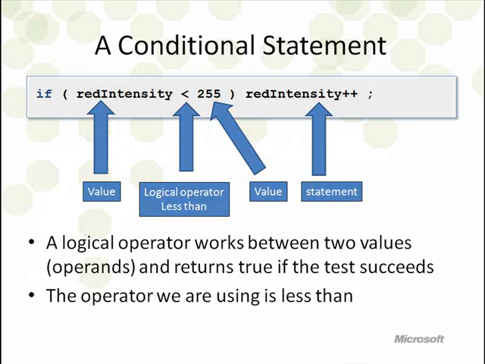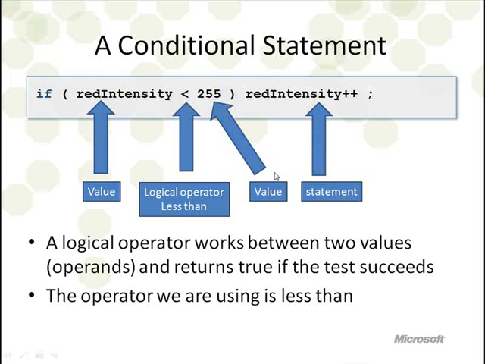If you break it down, what we've got is a value, which is the variable we're looking at, a logical operator which performs the actual comparison, in this case less than, another value which is being compared with, and then a statement that gets obeyed if the condition is true. So this will only allow me to make my intensity bigger up to a limit of 255.